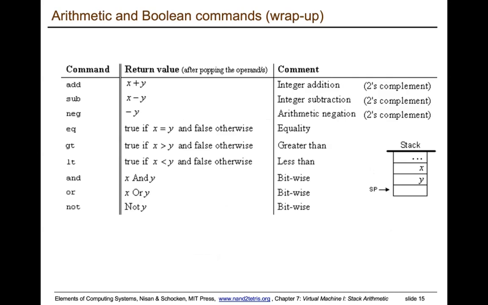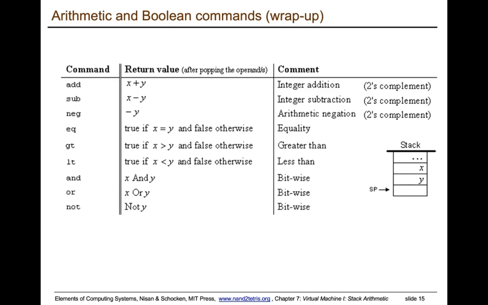Okay, last word to associate with today's class. These are the actual Boolean and arithmetic commands accepted by the hack machine. You can add and sub. You cannot do multiplication and division on the hack machine. And we have negation, so negative y, you don't need to write 0 minus y, but can directly do negation y.